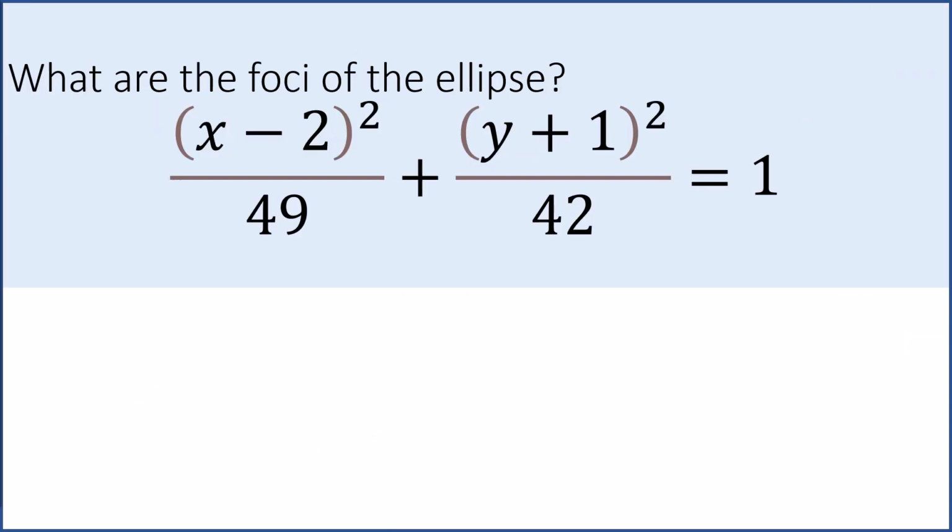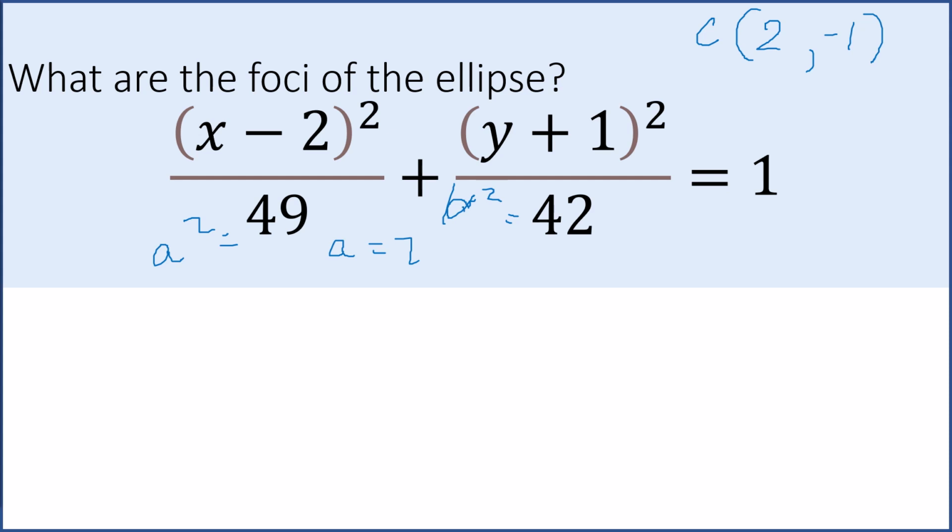All right, what are the foci? Now this time I need to always start off with the center. Okay, so the center, pull that out. x minus 2, the center is going to be positive 2. y plus 1, y is negative 1. Okay, a squared always goes with the larger number. So take the square root of 49, and a is equal to 7. Okay, b squared goes with the smaller number.